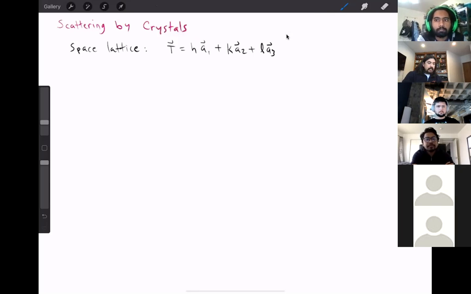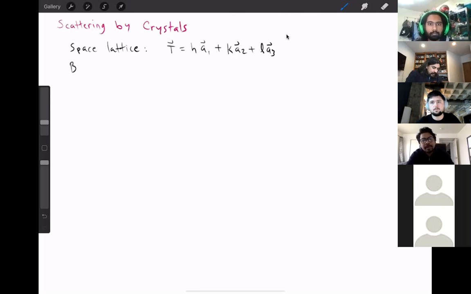I want to make sure that this is clear: the space lattice is a mathematical construction. It doesn't tell you anything yet about the atoms inside. What you do after that is attach atoms to the unit cell defined by that space lattice.